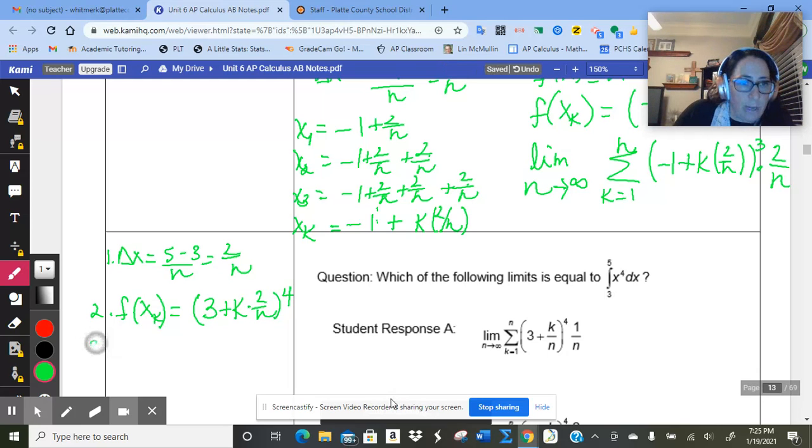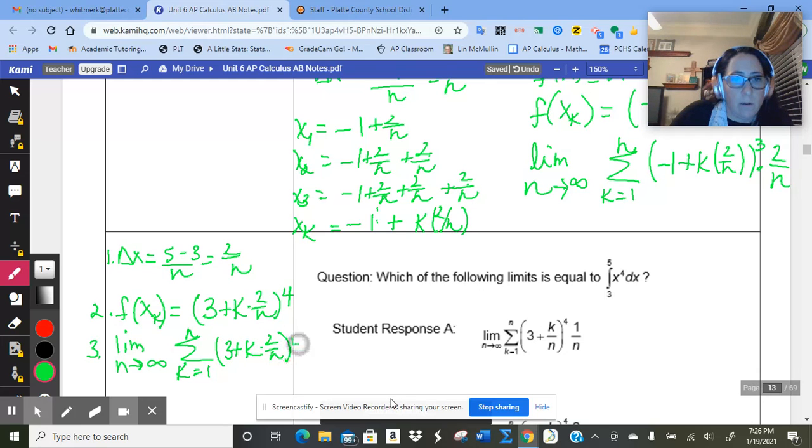And then I'm going to write my limit summation. n goes to infinity, k equals 1 to n, f of x sub k times delta x. Okay, so these were my steps.